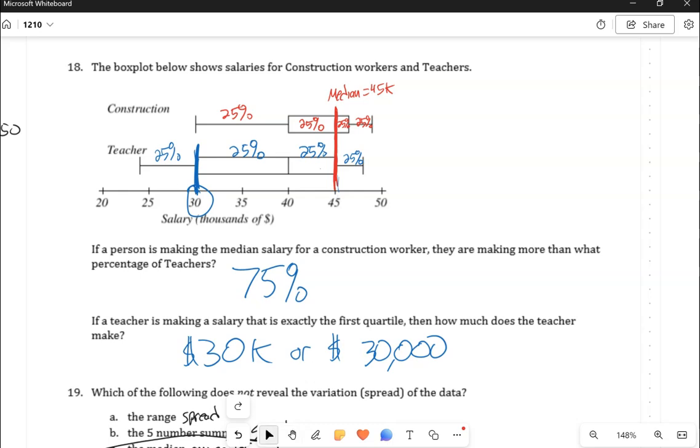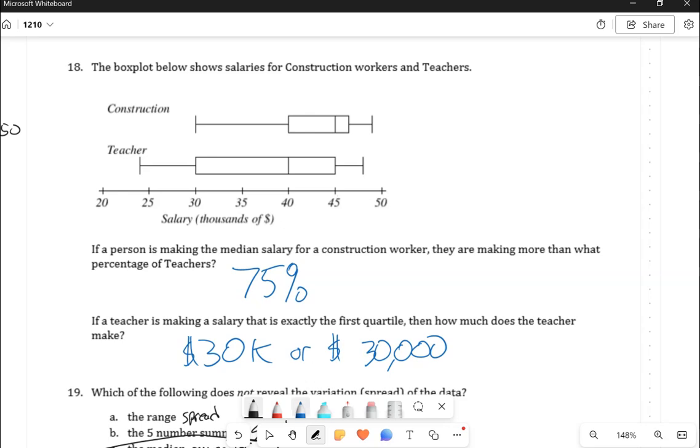With these box plots, what's really important to know is the fact that in between the minimum and Q1 is 25% of the data. Between Q1 and the median is 25% of the data. Between the median and Q3, 25% of the data. And Q3 and max, 25% of the data.